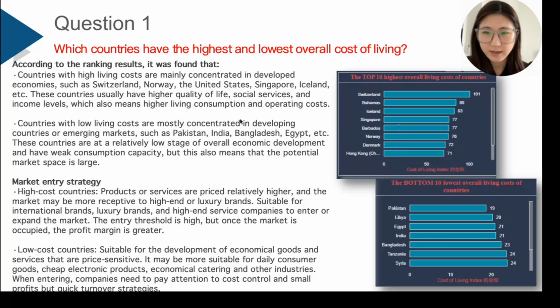These countries usually have higher quality of life, social services, and income levels, which also means higher living consumption and operating costs. Countries with low living costs are mostly developing countries. These countries are at a relatively low stage of overall economic development and have weak consumption capacity, but it also means that the potential market space is large.